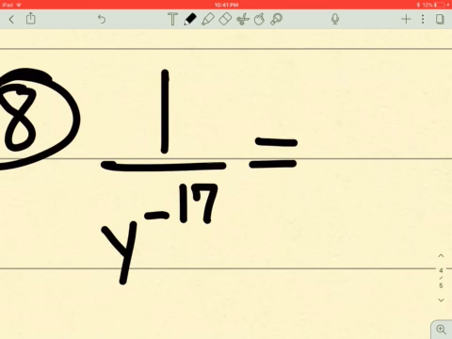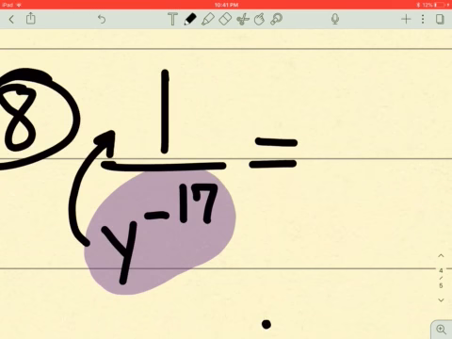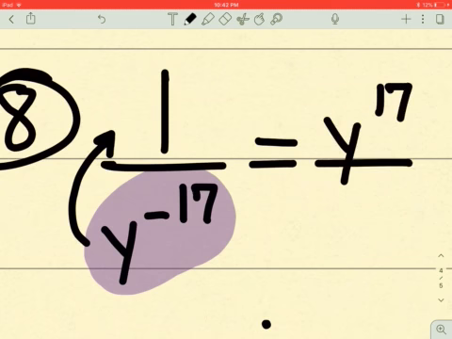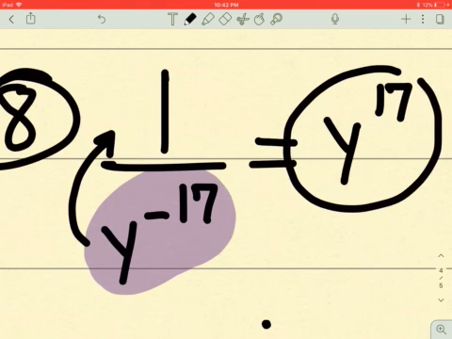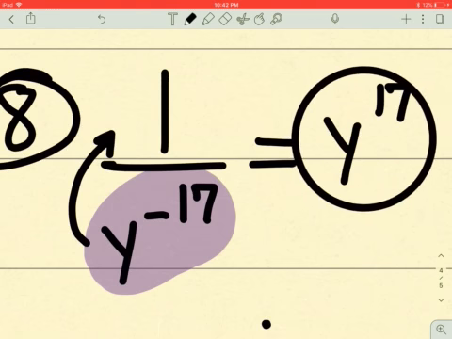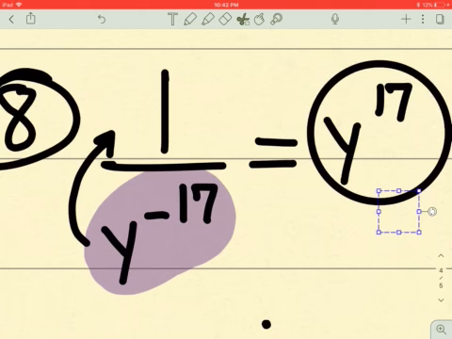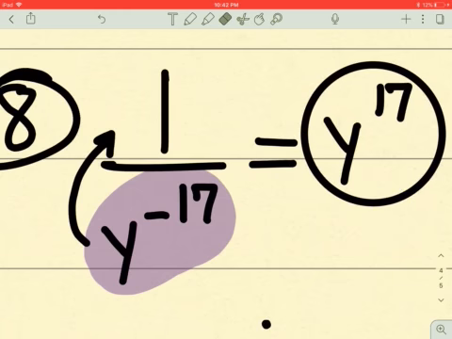I find my negative exponent. There it is. I know I need to flop that to the numerator. There we go. And so I'd be left with 1 times y to the 17th, which is just y to the 17th. So my answer is simply y to the 17th. That is the same as over 1, but we know in algebra that any number divided by 1 is just itself. So it's redundant to write it that way because I don't need it there. My answer would just simply be y to the 17th.